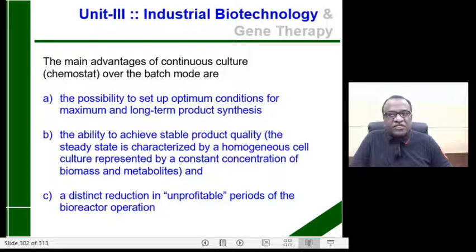The main advantages of continuous culture over the batch mode of operation are: number one, the possibility to set up optimum conditions for maximum and long-term product synthesis. Number two, the ability to achieve stable product quality. And number three, a distinct reduction in unprofitable, non-efficient periods of the fermenter operation.